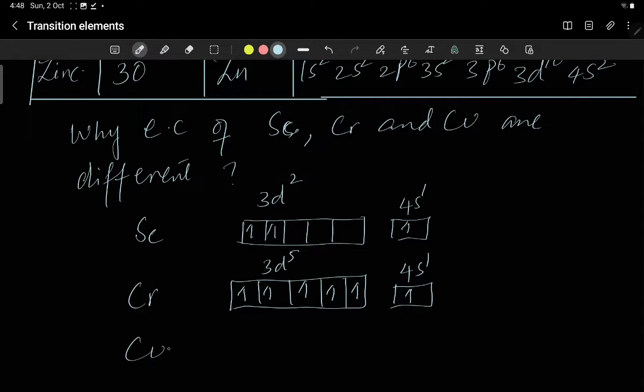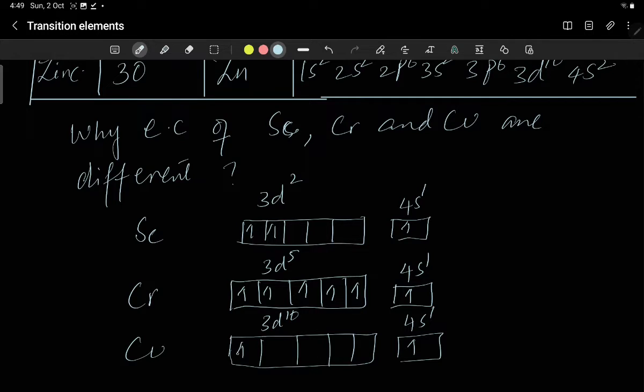Similarly copper, 3d10 and 4s1, 1, 2, 3, 4, 5.